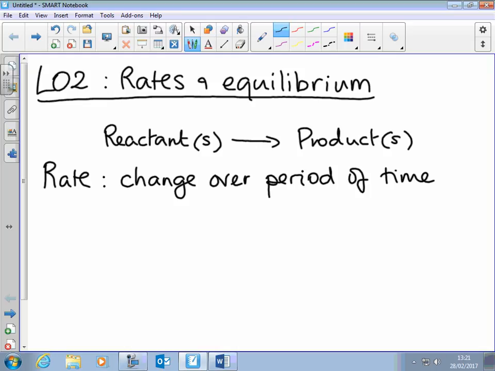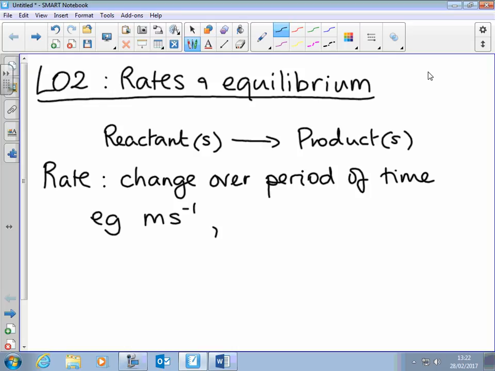It could be something like meters per second, or kilojoules per square meter per year for energy changes, so the rate of energy transfer in an ecosystem.